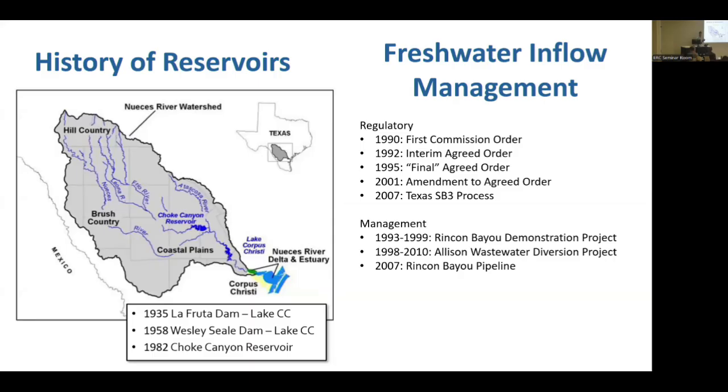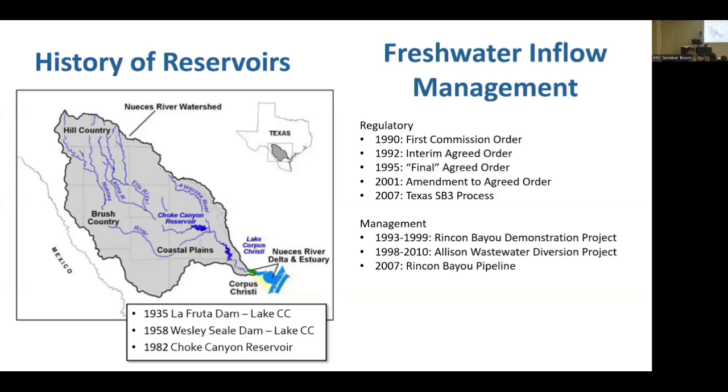Coming from that regulatory and stakeholder process, there have been a couple of management efforts on the local level to, I guess, maximize the environmental benefit of those flows, which are listed here. Two of which involve diverting or piping water from the Nueces River into the Nueces Delta.